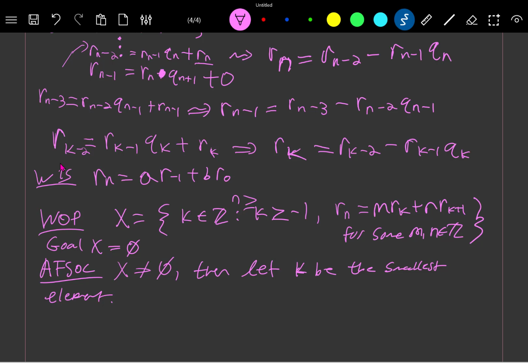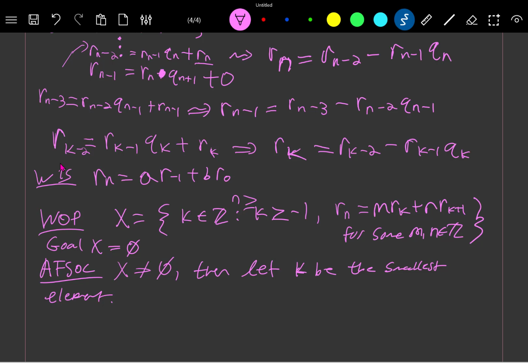Because if we pick the smallest element, if the smallest element is negative 1, then that won't work. Okay. Because we're kind of going backwards here, because we're starting at n and moving backwards.